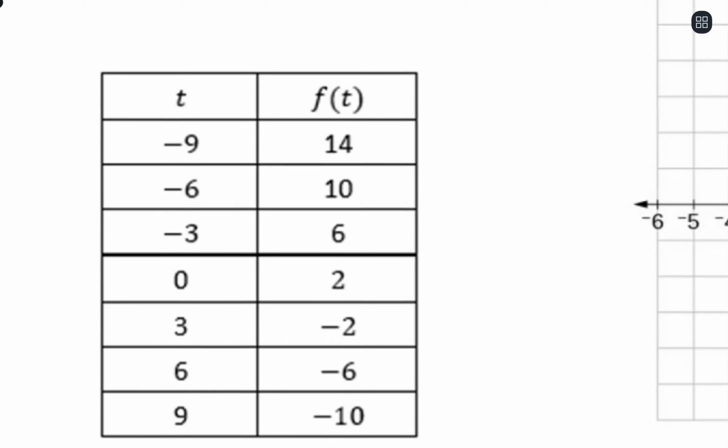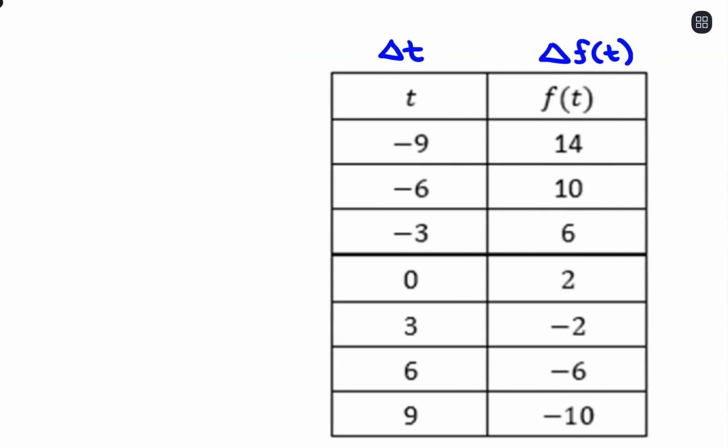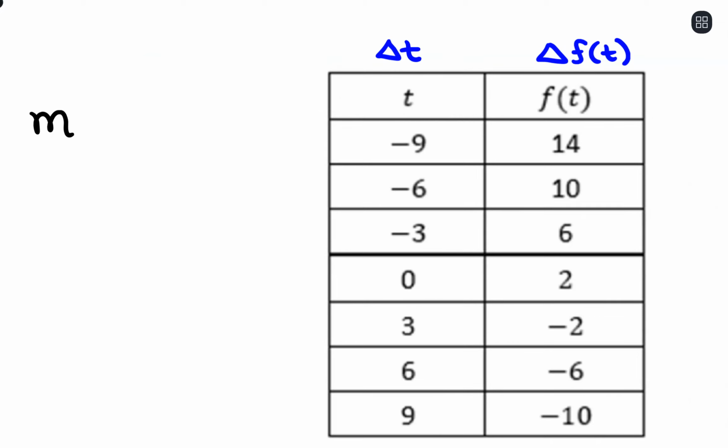All right, so what we want to do is see how is t changing? So what's the change in t related to the change in f of t? Because for our slope, our rate of change here, we want to evaluate the change in output over the change in input.